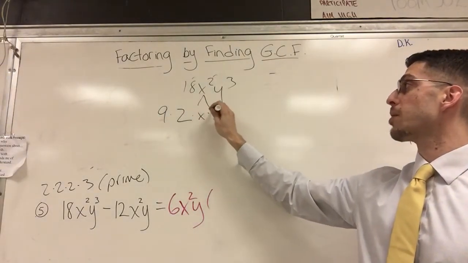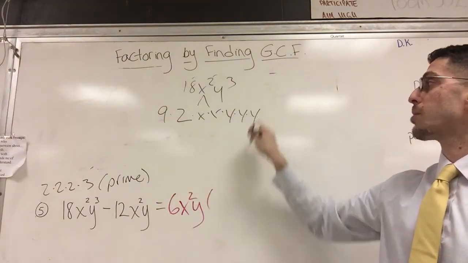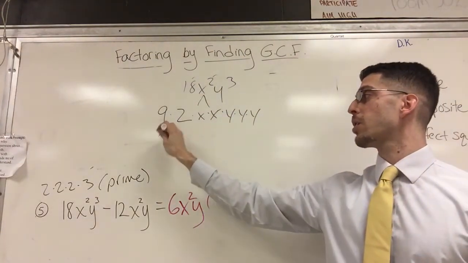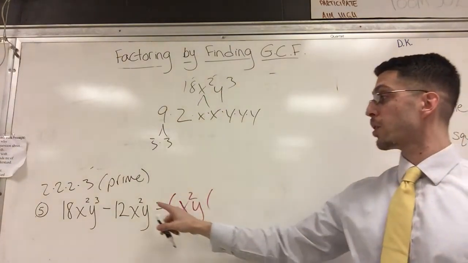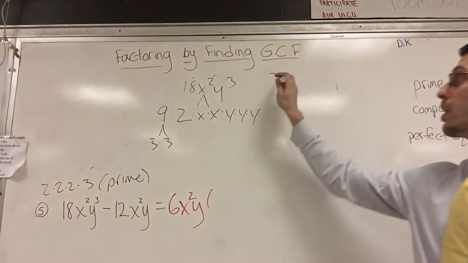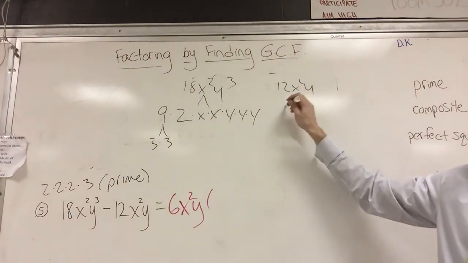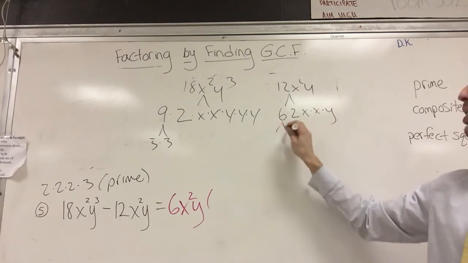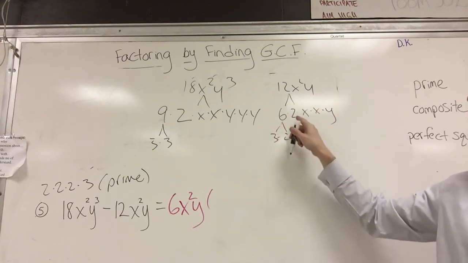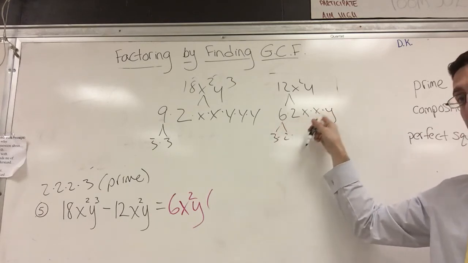X squared is x times x, and y to the third is y times y times y. 9 we said was 3 times 3. Now I'm going to do the same thing for 12x squared y. That's 6 times 2 times x times x times y, which is 3 times 2 times x times x times y.